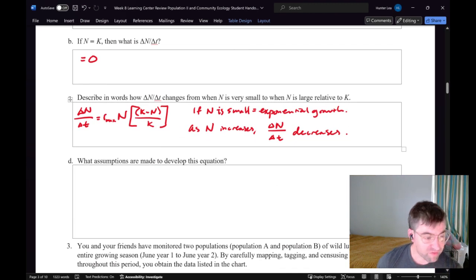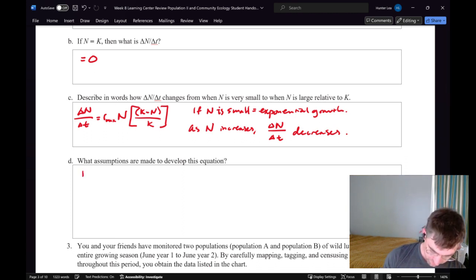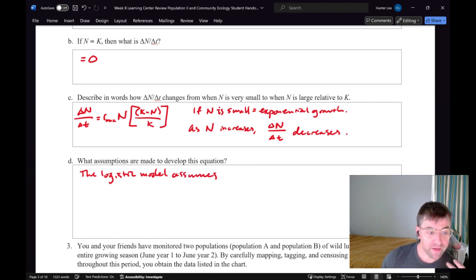What assumptions are made to develop this equation? So this is called the logistic model. The logistic model assumes that resources and space limit growth.